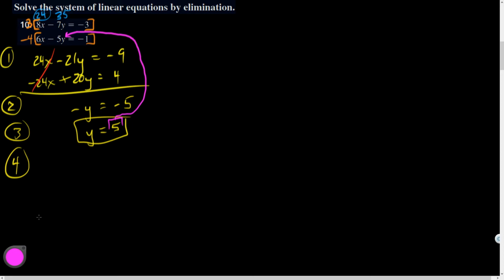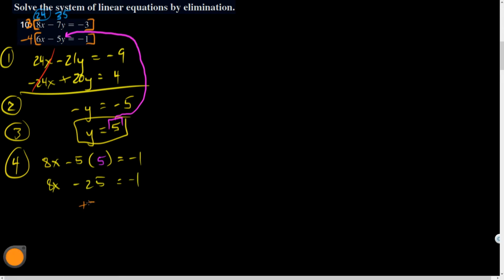It'll still work just fine if you plug it in to the other one. So 8x minus 5 times y, which I've just solved for, and y is equal to 5 is the claim. Let's try to make it look a little bit nicer. So let's solve this. 8x minus 25 equals negative 1.